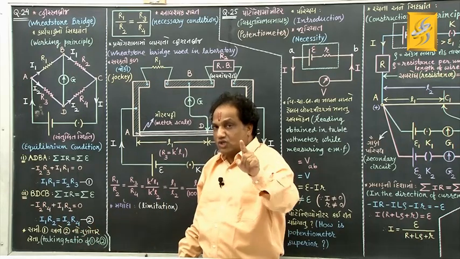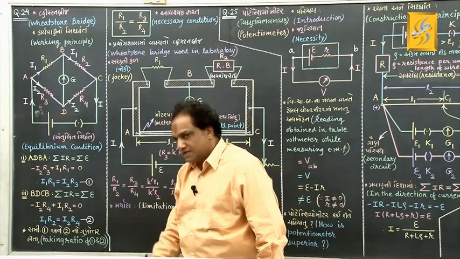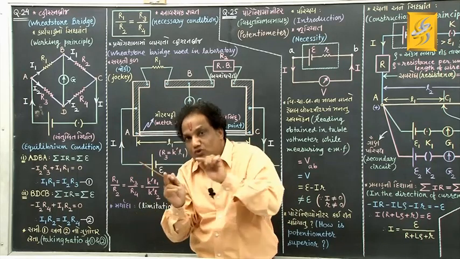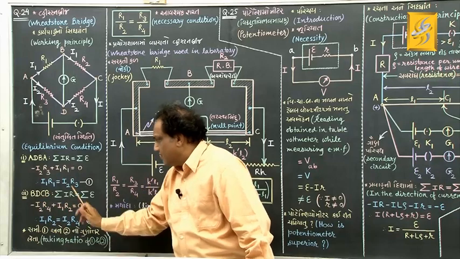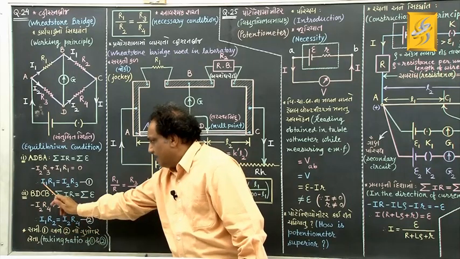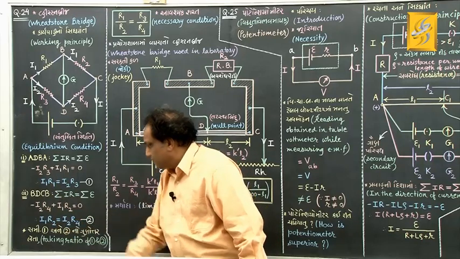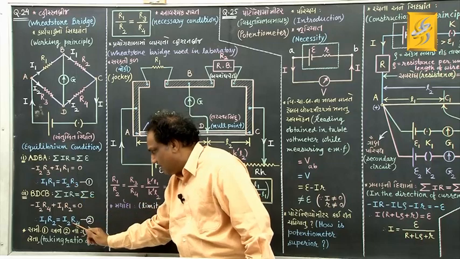Now just take the ratio of equation 1 to equation 2. This upon this. Ratio of equations means the ratio of left hand sides should be equal to the ratio of right hand sides. I1 will cancel, giving you R1 upon R2. And here I2 will cancel, giving you R3 upon R4.